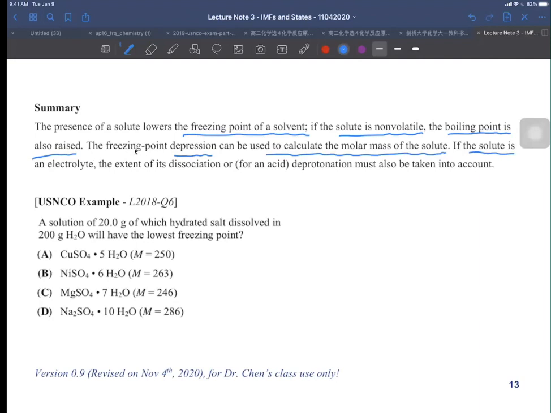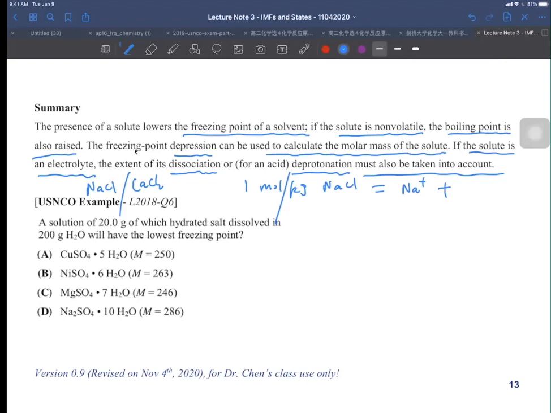If the solute is an electrolyte, this is something you need to pay attention to. For example, sodium chloride or calcium chloride are electrolytes. So the extent of the dissociation or deprotonation must also be taken into account. What does it mean? Because we are counting the particle molality, if you have 1 mole per kilogram of sodium chloride, it will actually change into 1 mole of sodium plus and 1 mole of chloride.